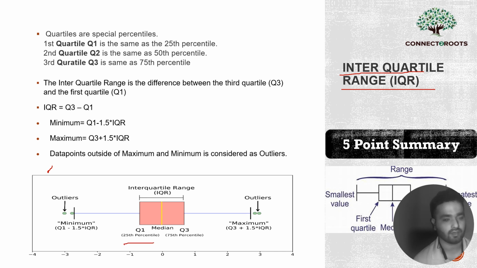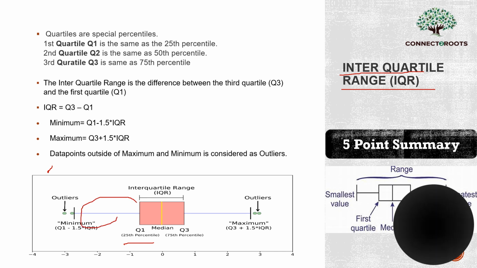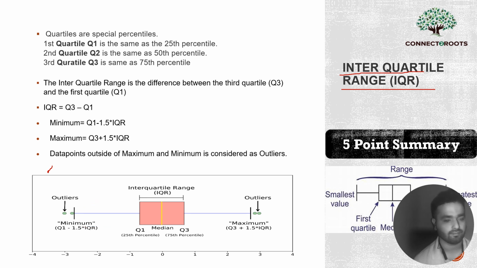Basically it represents that 25% of the data lies here. Q2 is the 50th percentile, or the median. So till here, it represents the 50th percentile of your data. Q3 is the 75th percentile.